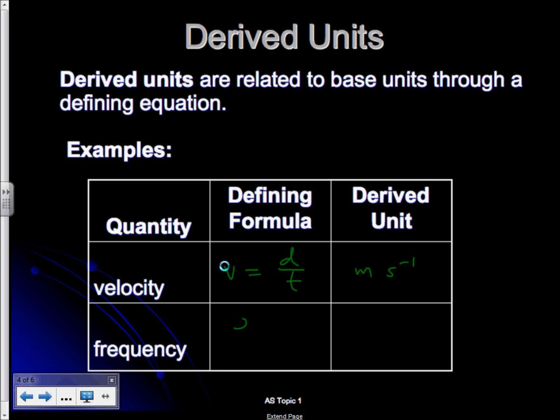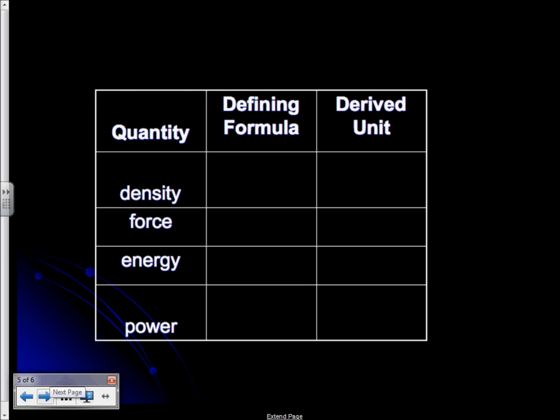Frequency. Frequency is 1 divided by the period being the time for one complete oscillation. So the units are going to be seconds to the negative 1, 1 divided by time. Density, Greek letter rho for density. Density equals mass divided by volume. Mass in kilograms, volume in meters cubed, and since it's divided by, therefore it's -3.